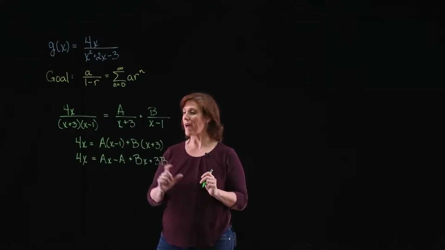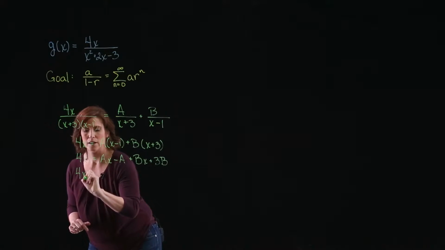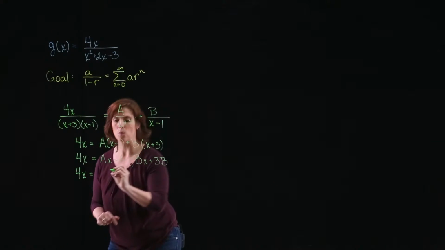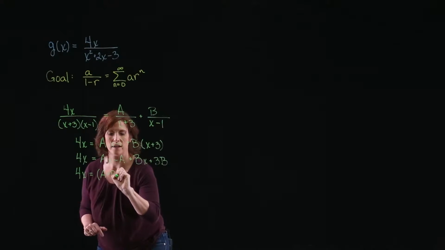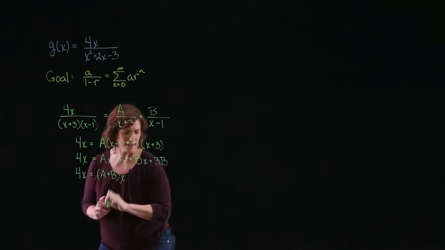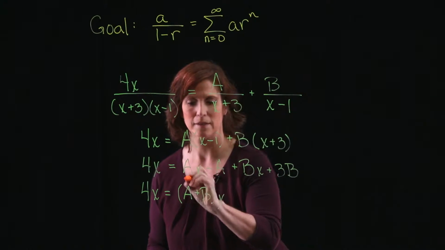I'm going to collect my x terms together and my constant terms together. So I have 4x equals the quantity a plus b times x because I have two x terms.